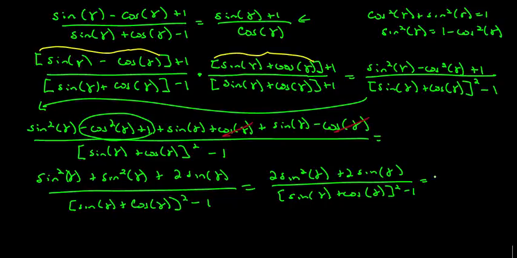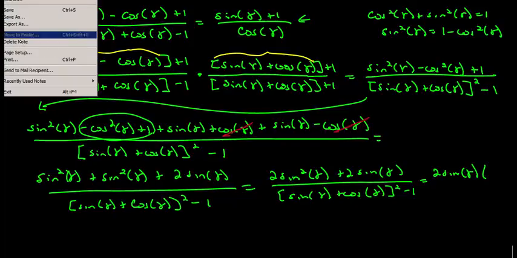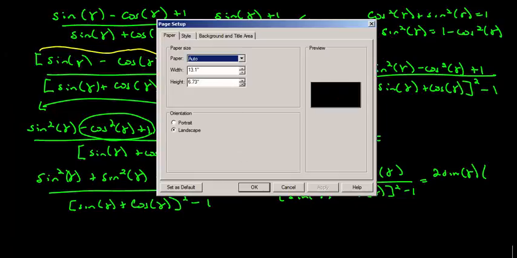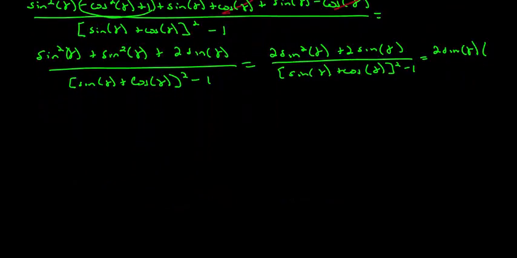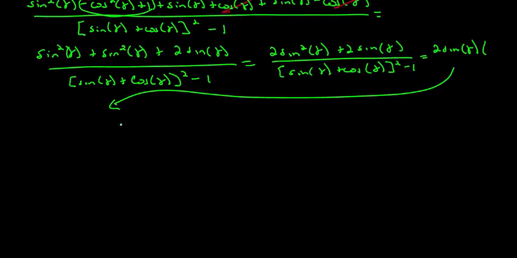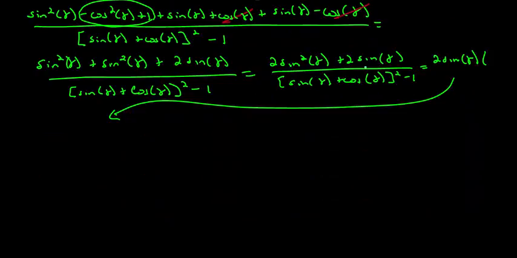Well, on the top, I've got 2 sine gamma times. Actually, let's get some more room here. Okay, there we go. Okay, so that'll let me scroll down a little bit here. Okay, so again, let's look at our goal. Our goal is to get sine gamma plus 1 over cosine. So that's what we're trying to get up here.